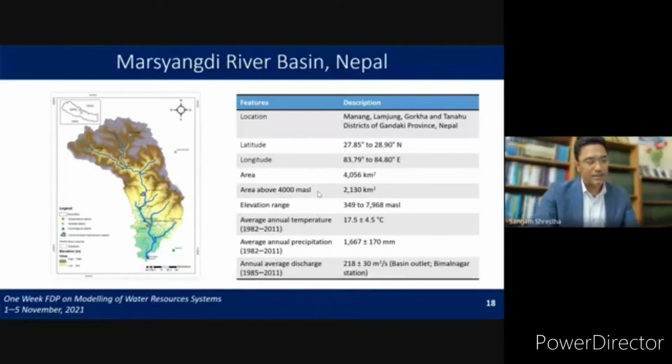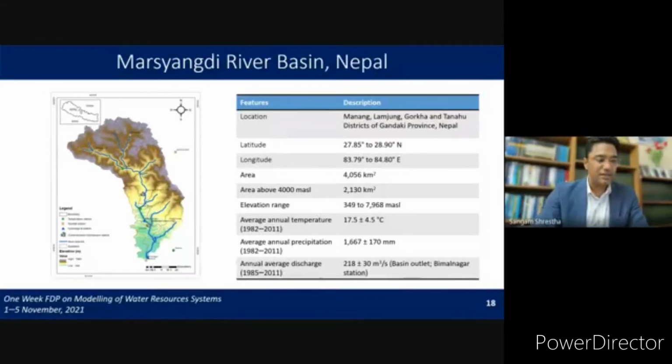the basin has a lot of snow and snow cover area, and this snow and snow cover are a very important source of water for this Marshangdi River Basin. So the elevation ranges from 349 to almost 8,000 meter above mean sea level. The average annual temperature and rainfall is given here. So the average annual rainfall is almost 1,700 millimeter, which is a pretty good amount of rainfall.